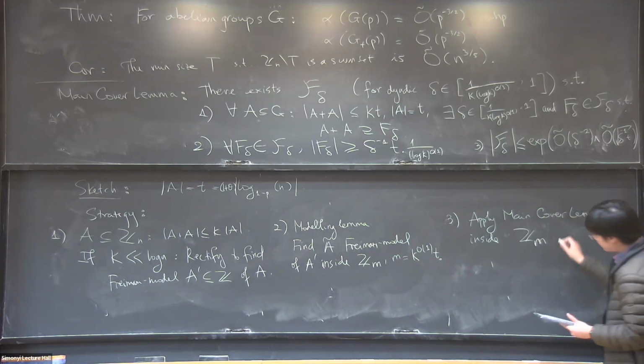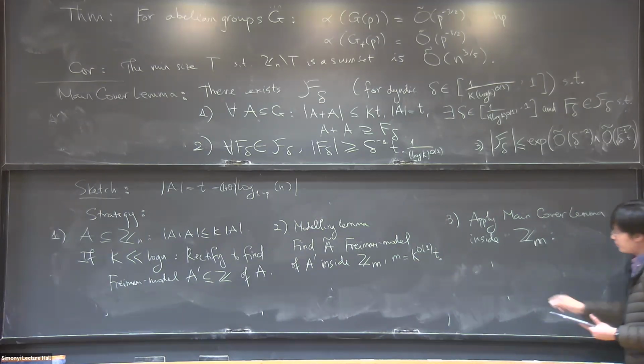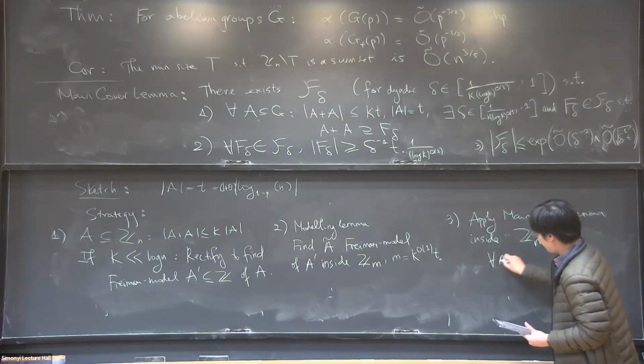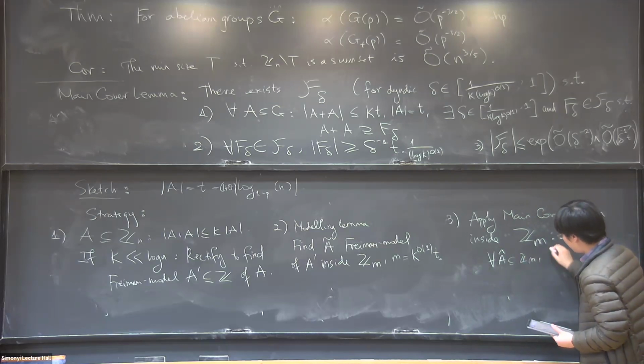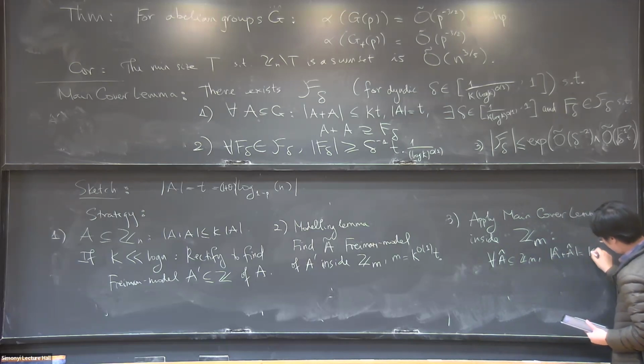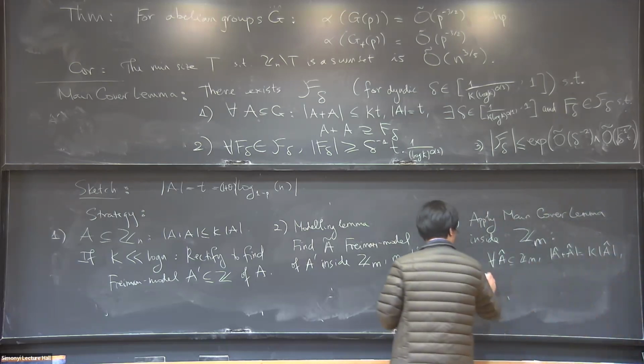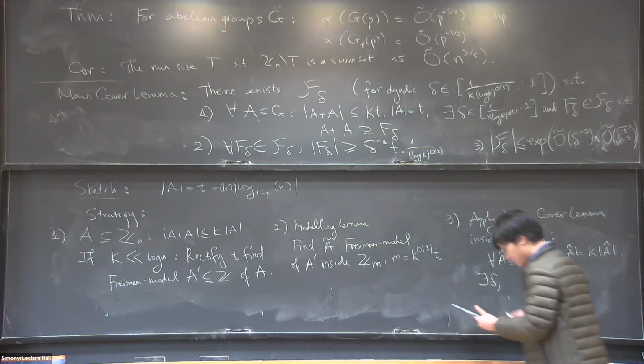Okay, and in particular, what this produces is that for every, let's say, A hat inside Z mod MZ with small doubling, we can find some appropriate dyadic delta.